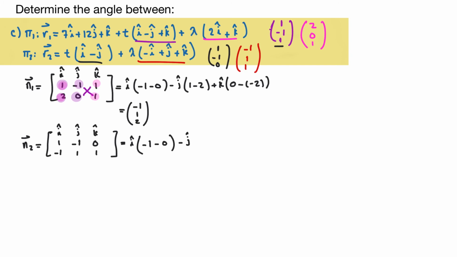For the negative y component, I'm going to multiply 1 by 1, subtracted by negative 1 times 0, which is 0.